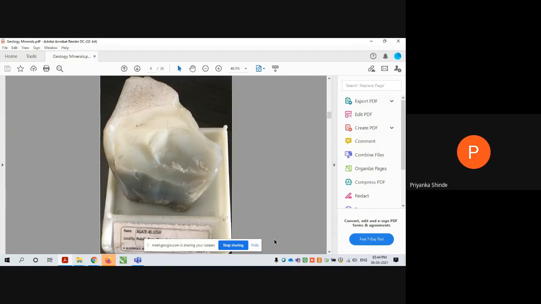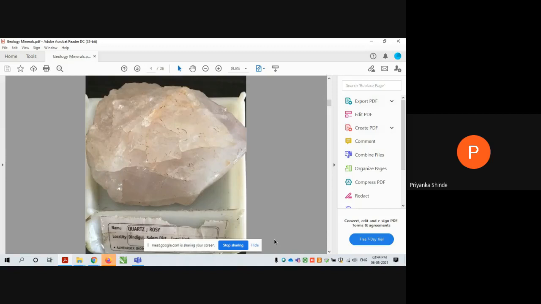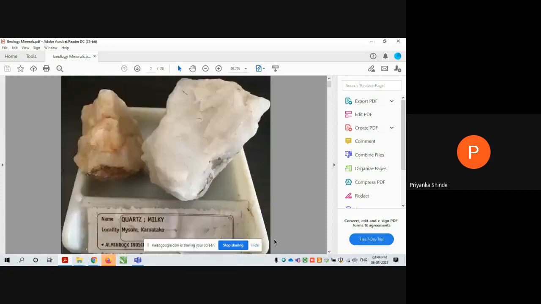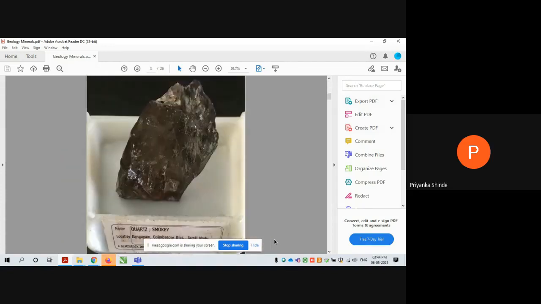Manufacturing of glass. Then you must have heard there is a watch company with the name Quartz, right? So there also it is used in watches. So glass manufacturing, watches. Then because of this beautiful color, amethyst and rosy quartz are used in gemstones, in jewelry as a stone.